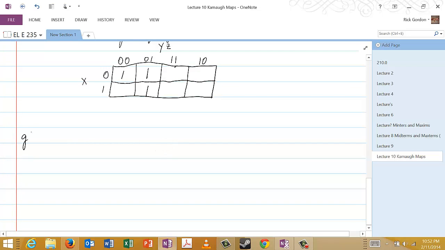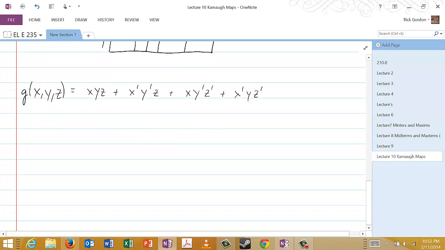So let's say g of x, y, z is equal to x y z, or x prime y prime z, or maybe x y prime z prime, or x prime y z prime. This is a good example.